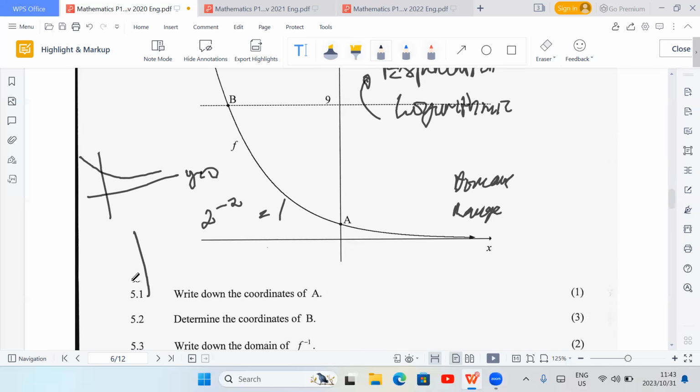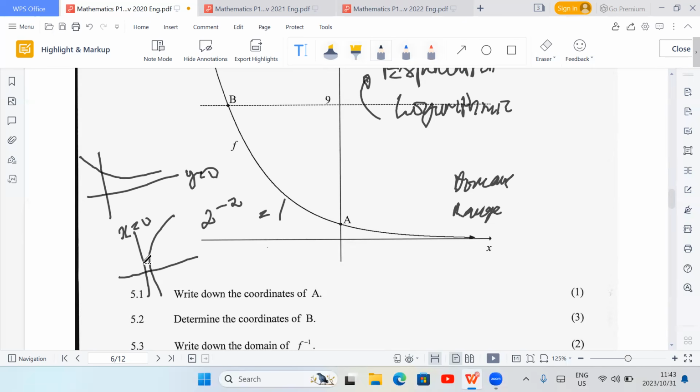But then with the logarithmic graph, the asymptote here becomes the y-axis, so it has an asymptote at x equals 0 like that.